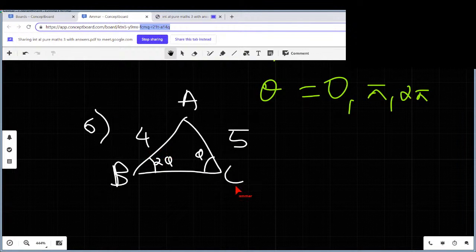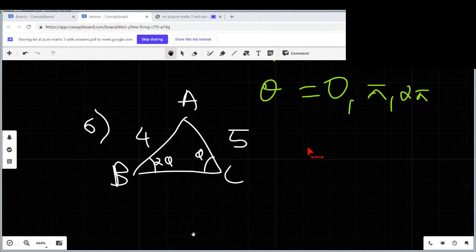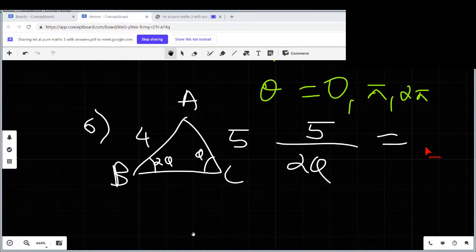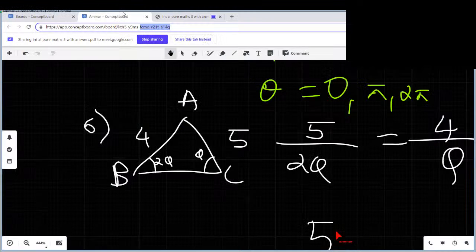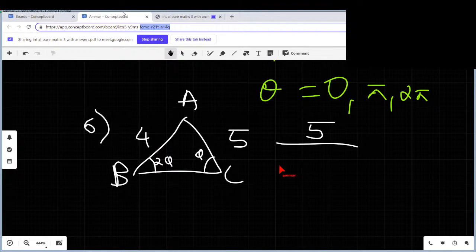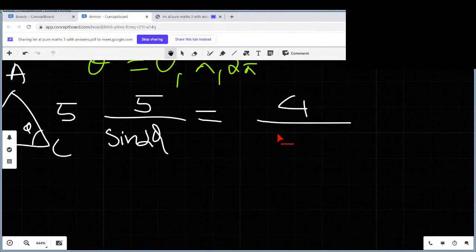So just use that formula. 5 over sine 2 theta is equal to 4 over sine theta, right? That's what I meant to write.